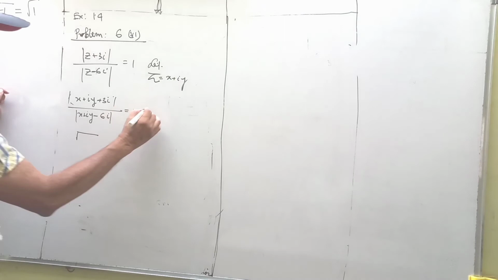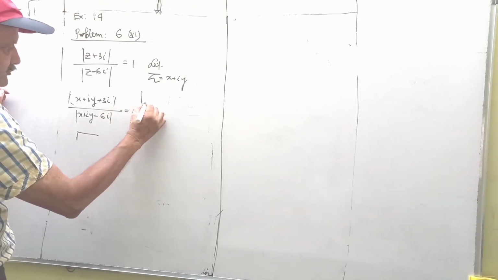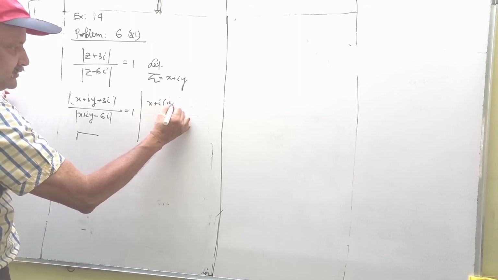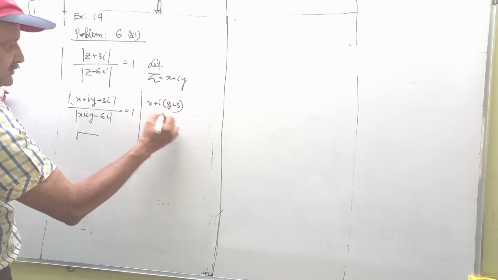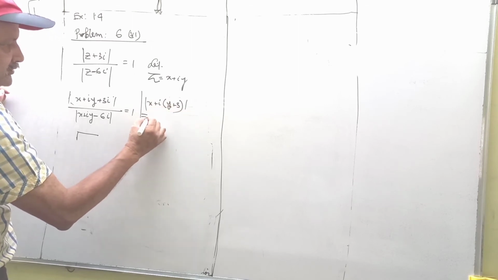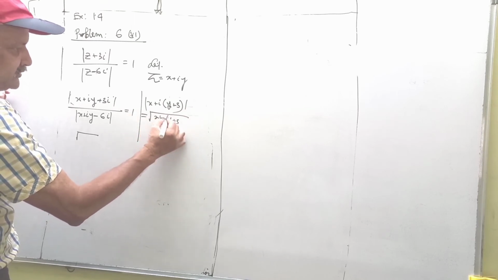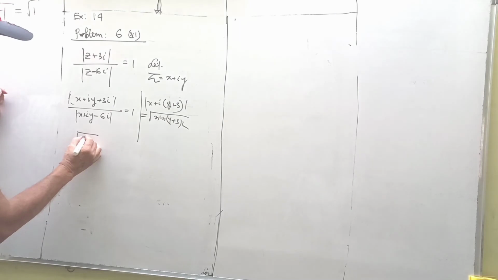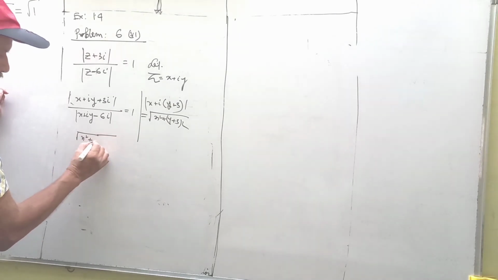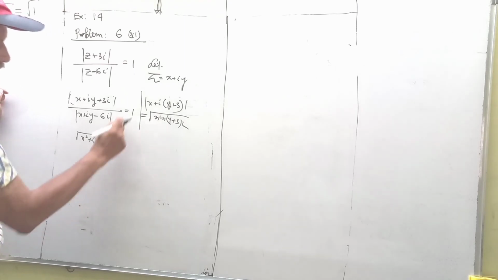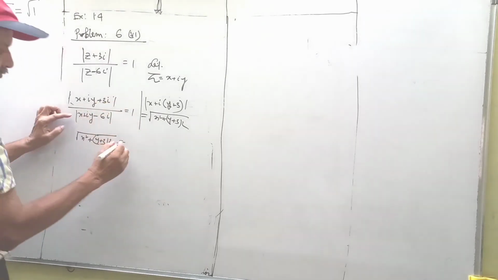Root over x square plus (y plus 3) the whole square, and I have done the cross multiplication also.